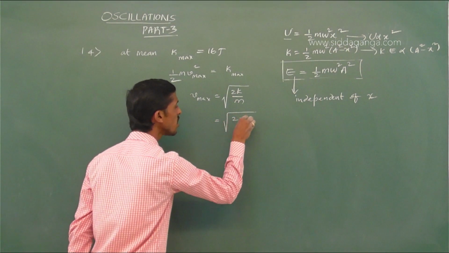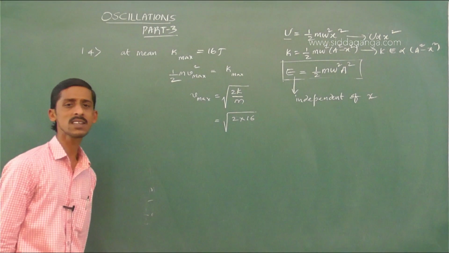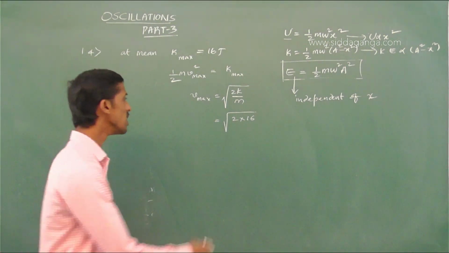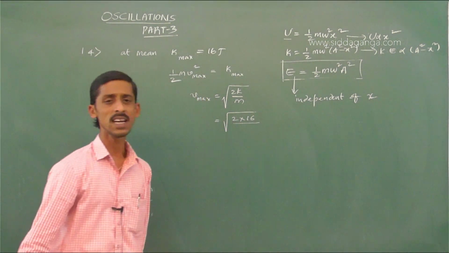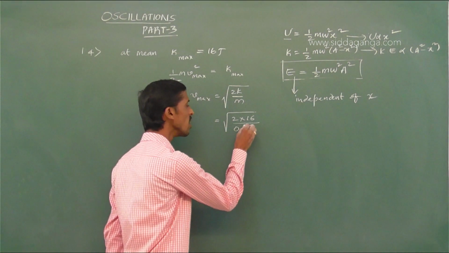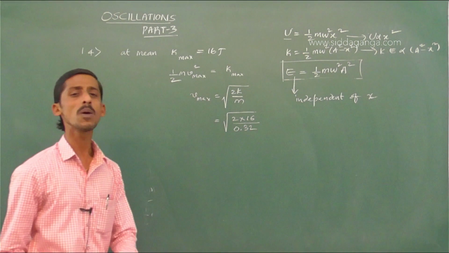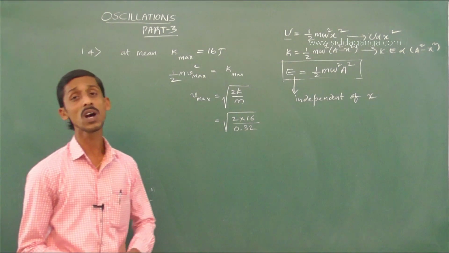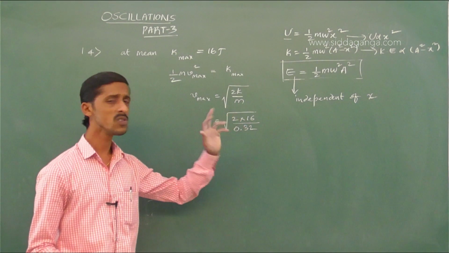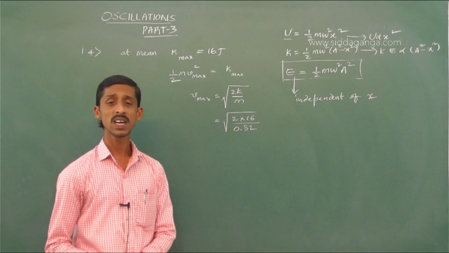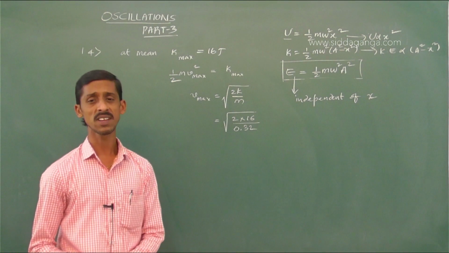So 2 into 16, since kinetic energy is 16 joule, divided by m, the mass of the body, 0.32. While solving problems, pay attention to units. Energy is in joules and mass is in kg, so velocity comes in meter per second.